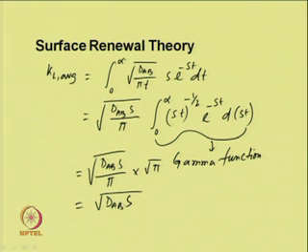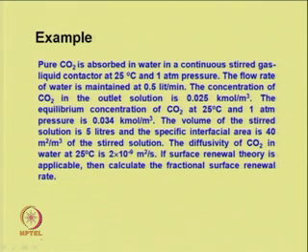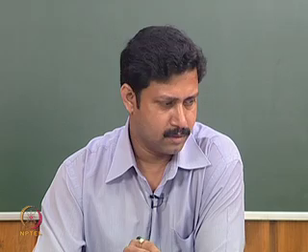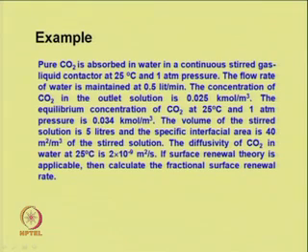root over D_AB S. Now, let us consider our earlier problem which we have discussed in case of boundary layer theory. Pure CO2 is absorbed in water in a continuous stirred gas liquid contactor at 25 degree centigrade and at 1 atmosphere pressure. The flow rate of water is maintained at 0.5 liter per minute. The concentration of CO2 in the outlet solution is 0.025 kilomole per meter cube.